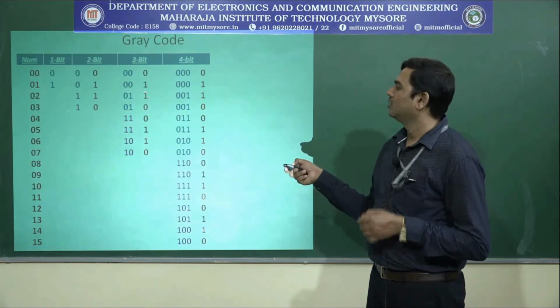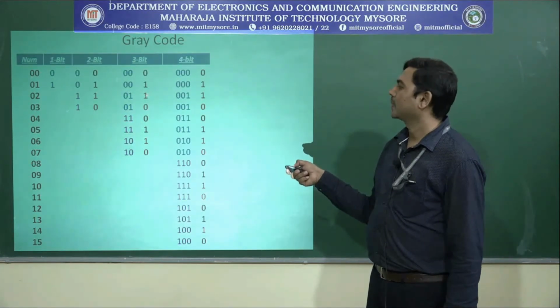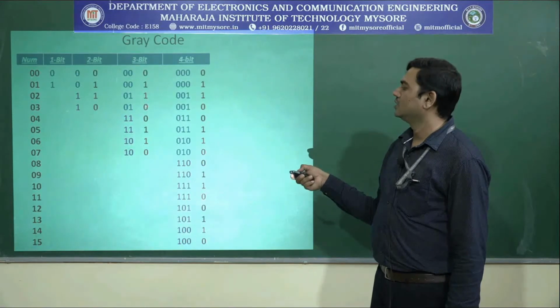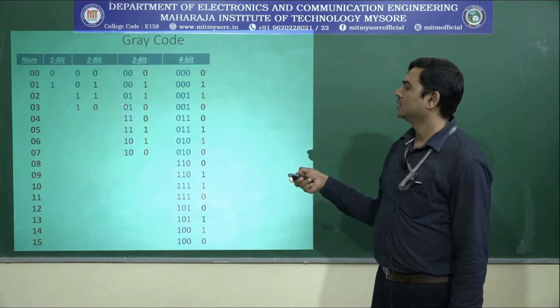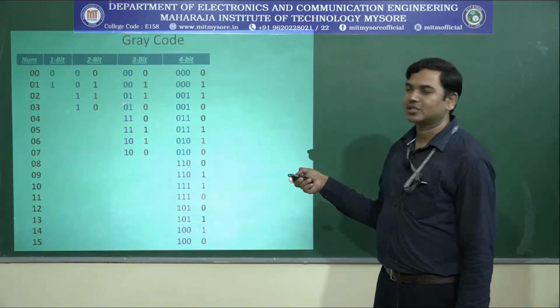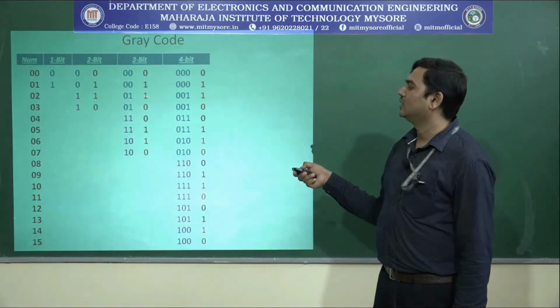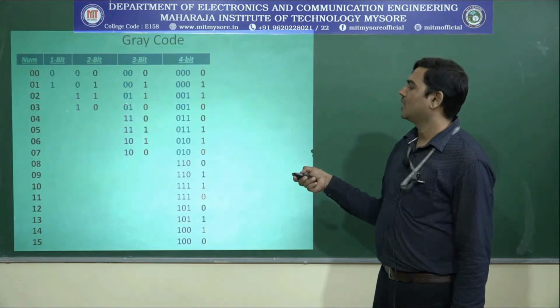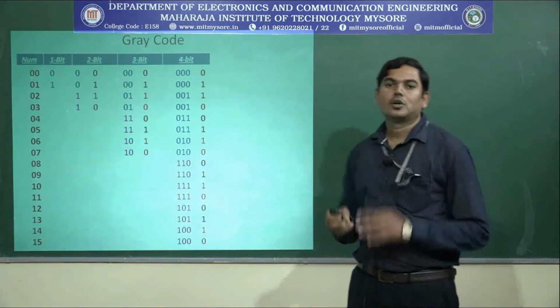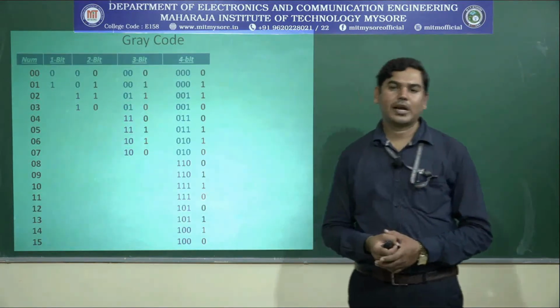Let us look into the next number, 1 0. This position has changed, whereas if you look into these two bit streams, they are unchanged. Again, we can say this 1 1 is logically adjacent to this 001 as well as 010. So, here we have the definition of a gray code.